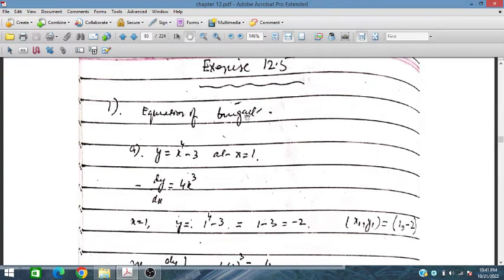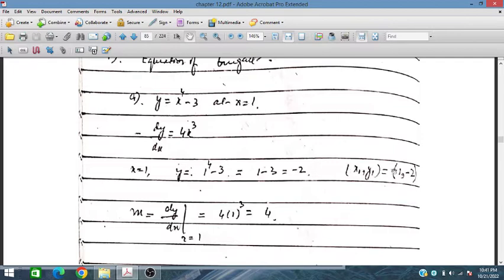Exercise 12.5, equation of tangent. y is equal to x^4 minus 3 at x equal to 1. We take dy/dx of this, which is 4x^3, at x equal to 1. The value of y for this equation at x equal to 1 is minus 2.